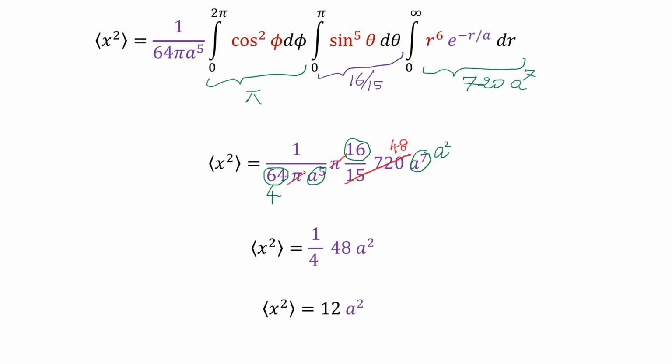So now you will have 1 over 4 and then 48 times a squared. Now 48 divided by 4 is 12. So the expectation value of x squared is 12 a squared. So this is the answer for our third part.